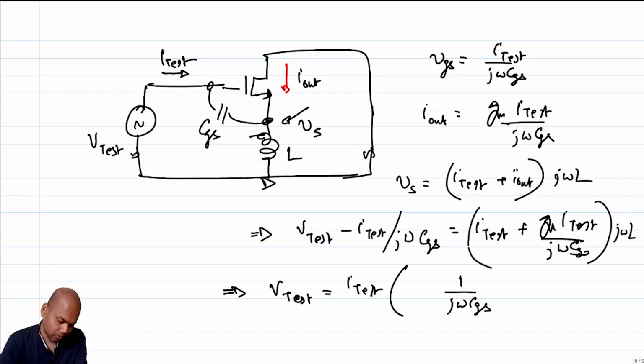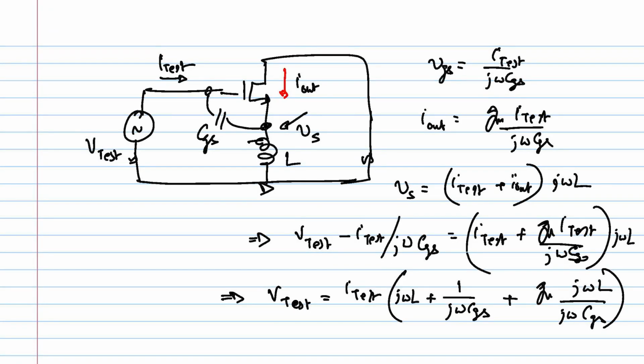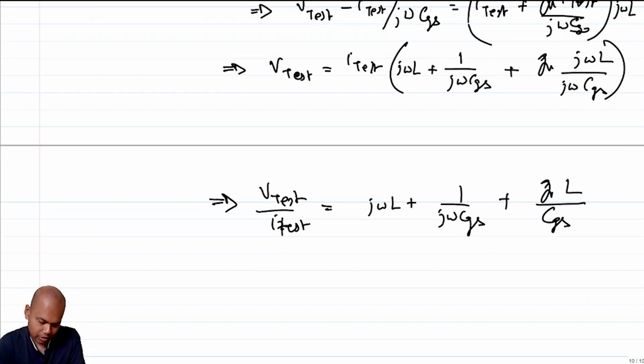Then I get another term, that is Gm times j omega L by j omega CGS, which essentially means your V test over I test becomes j omega L plus 1 by j omega CGS plus Gm times L by CGS, or in other words, your Zin is j omega L plus 1 by j omega CGS.